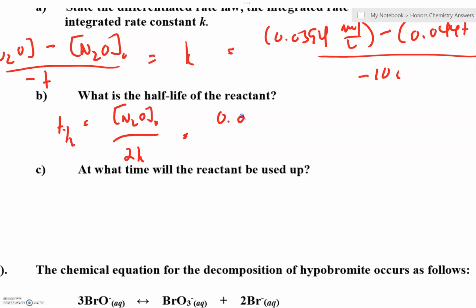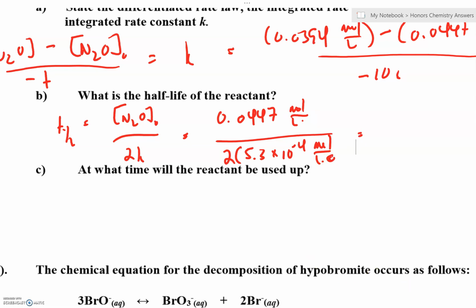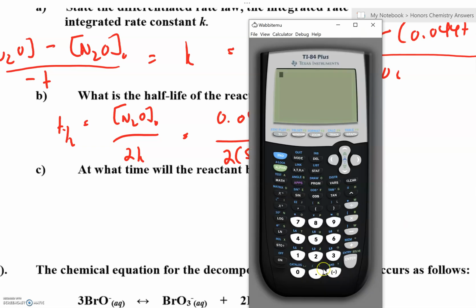You know the concentration at time 0, 0.0447 moles per liter, and our constant K is 5.3 times 10 to the negative 4 moles per liter per second, and moles per liter are going to cancel, leave our answer in seconds.